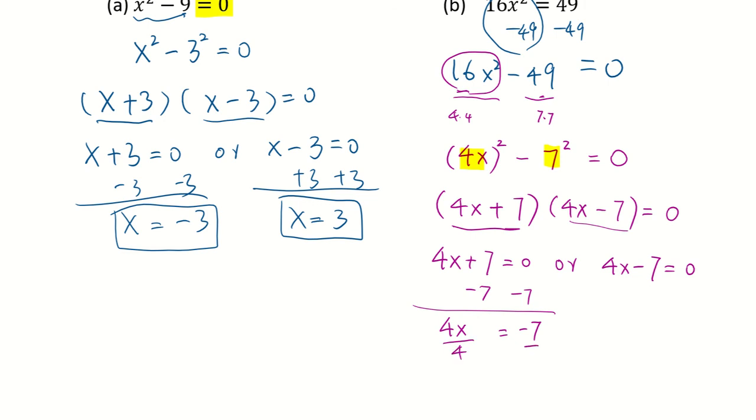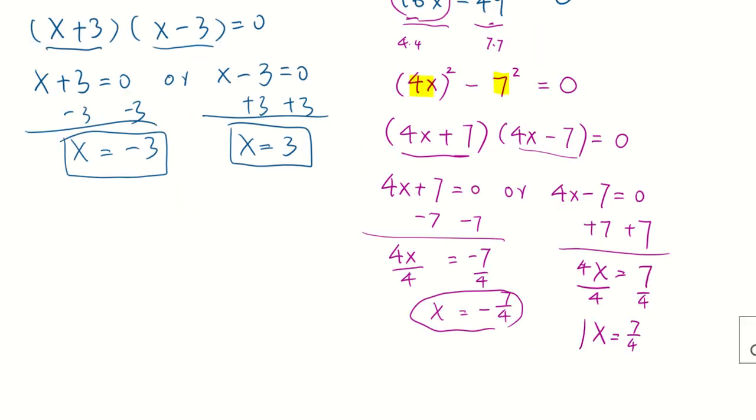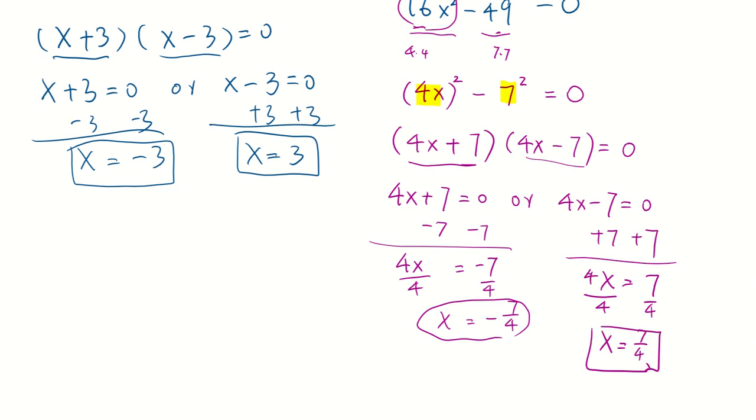Divide both sides by 4. So negative 7 over 4 is one solution. The other solution is x equals 7 over 4. So two solutions, positive 7 over 4 and negative 7 over 4.